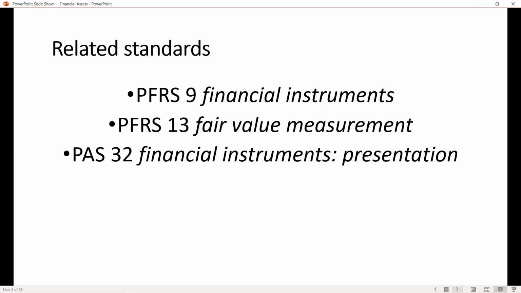So we have here the PFRS 9, which is the financial instruments, or IFRS 9. We have also IFRS 13 or PFRS 13 that talks about the fair value measurement, and Philippine Accounting Standards 32, or the presentation of the financial instruments.